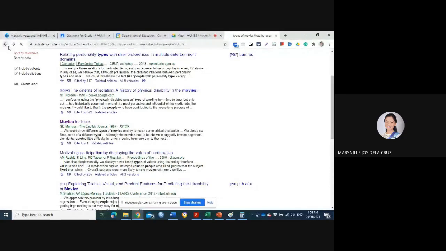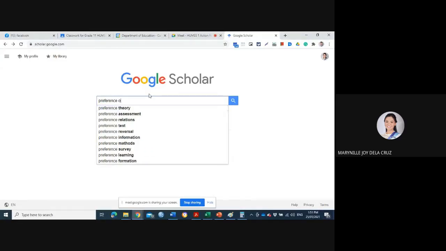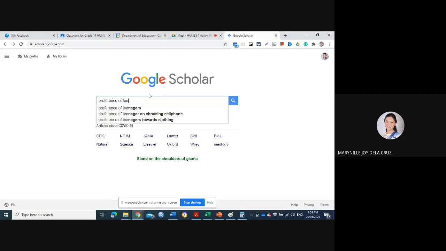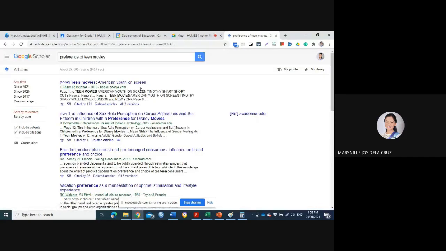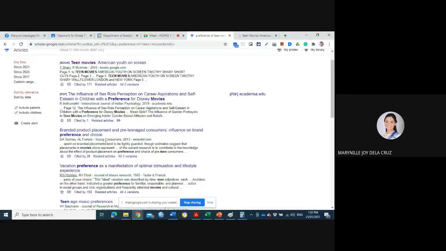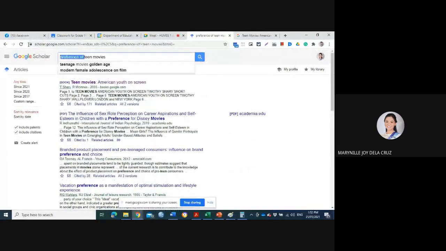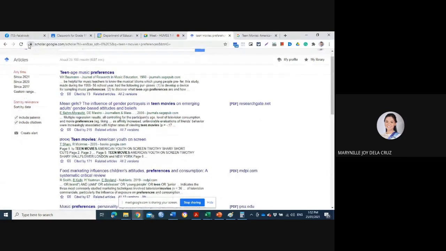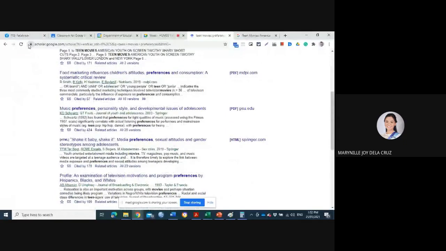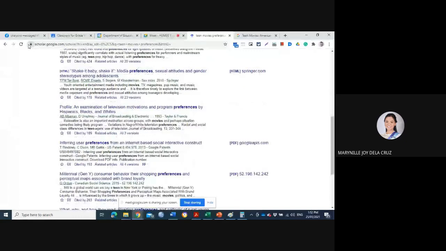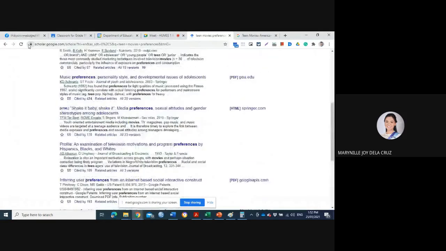So for example here, there is no preference here. Preference of teens movies. Shopping preference, reading preference, movie preference.